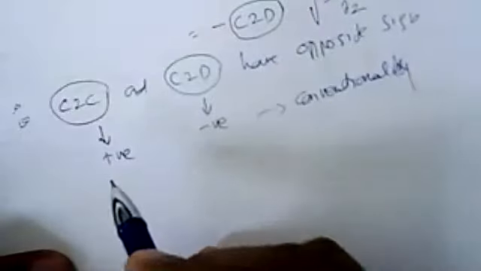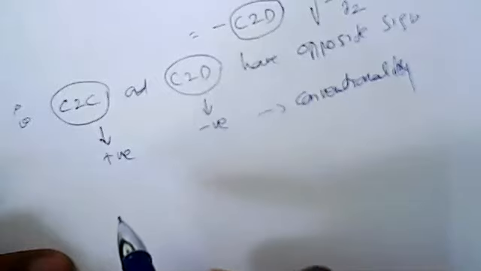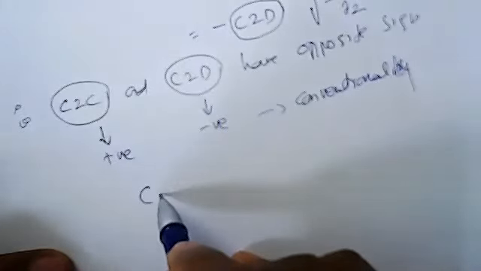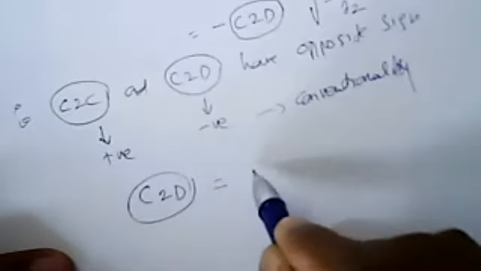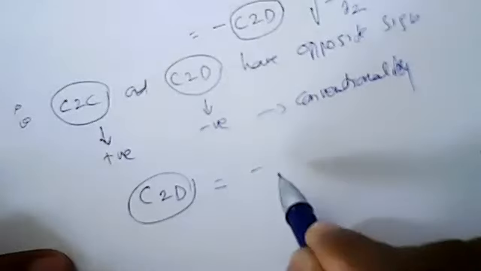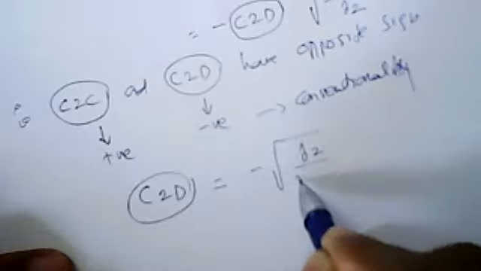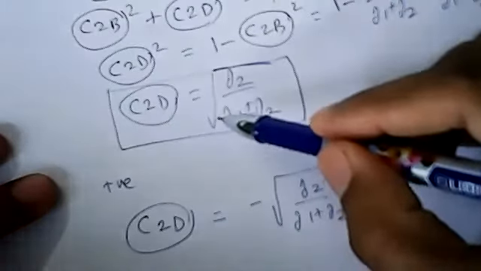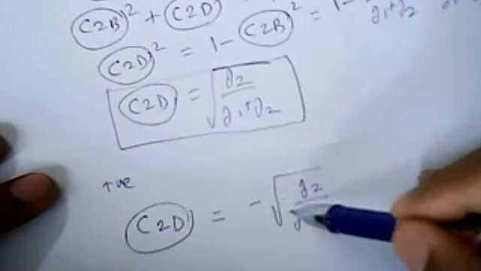Okay. So we can make a correction in the earlier equation. C2C is the same, C2D is minus root of J2 by J1 plus J2. Earlier we wrote C2D as positive by using the normalization, but when you consider orthogonality, it should be taken as negative.